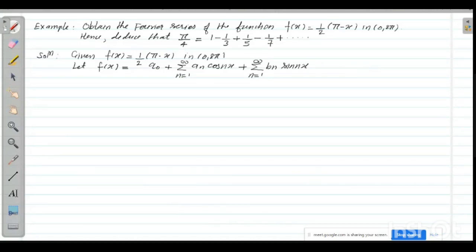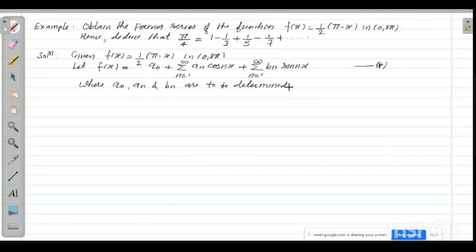Name this equation number star, where a naught, an, and bn are to be determined.